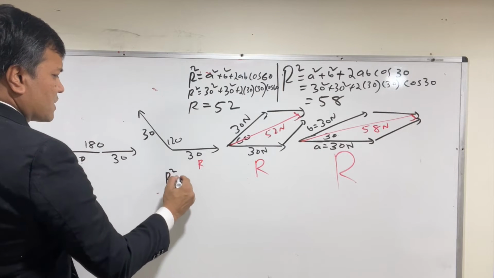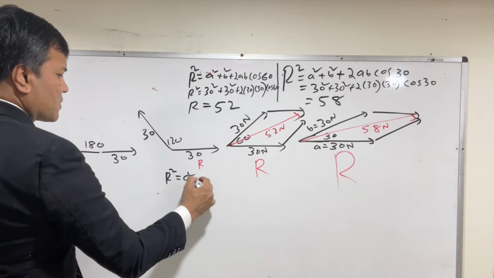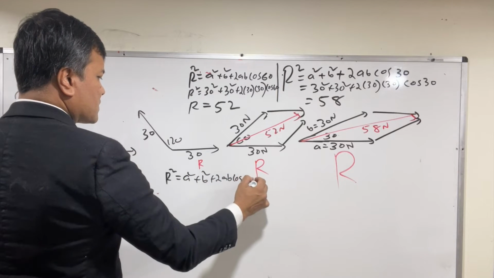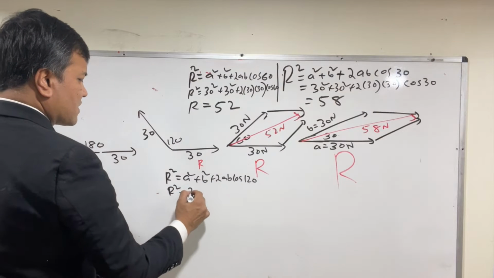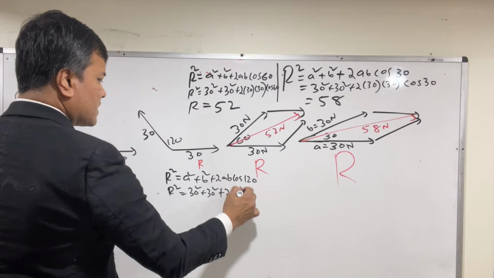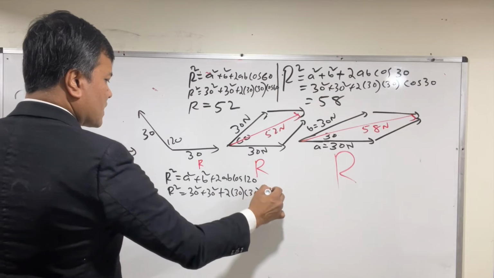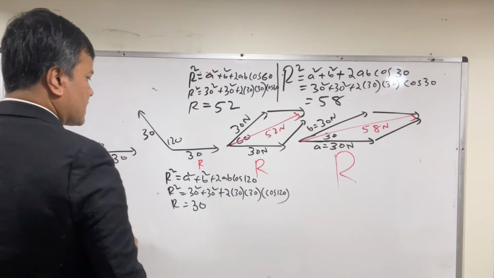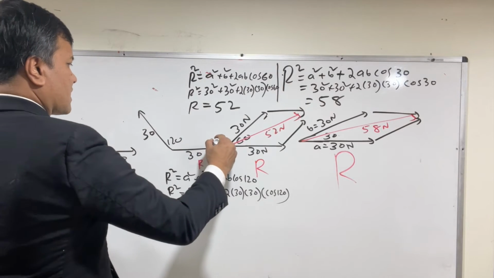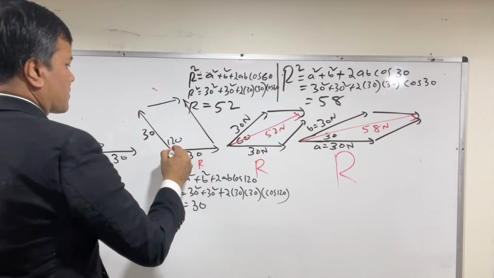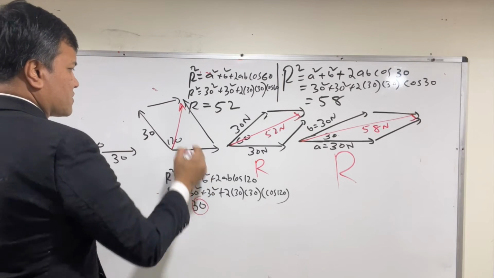So r square is a square plus b square plus 2ab cosine 120, and that's going to give you 30 square plus 30 square plus 2 times 30 times 30 cosine 120, and that gives you, of course, 30. And how would that look like? That would look like this, of course. This is 30.